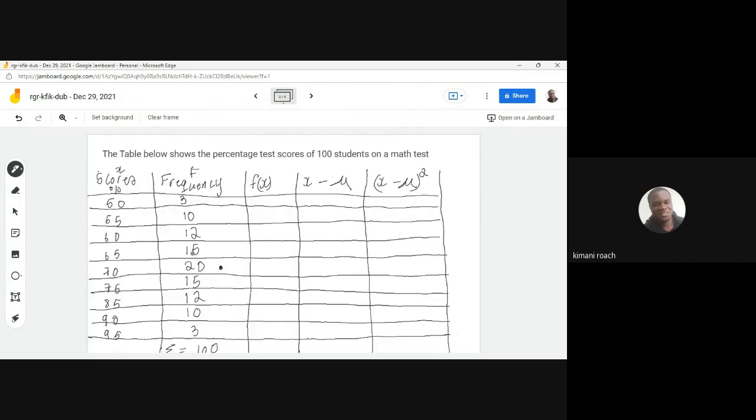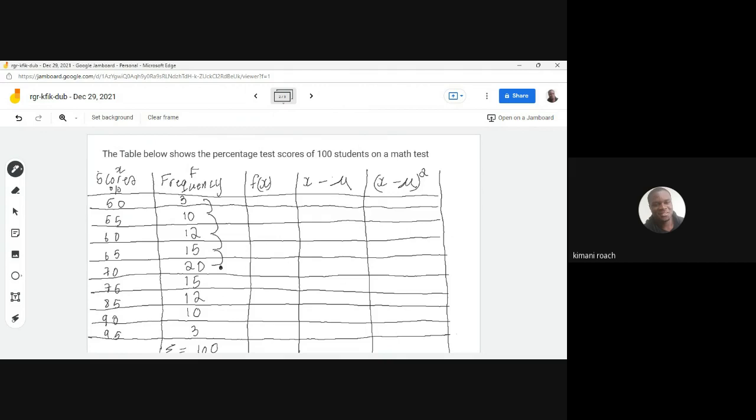And then we can locate it by adding our frequencies. So we're going to say 3 plus 10, that's 13. 13 plus 12, that's 25. 25 plus 15, that's going to be 40. When we add 20 to that, we're going to get 60.